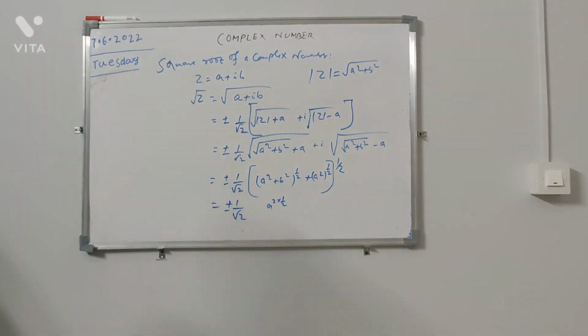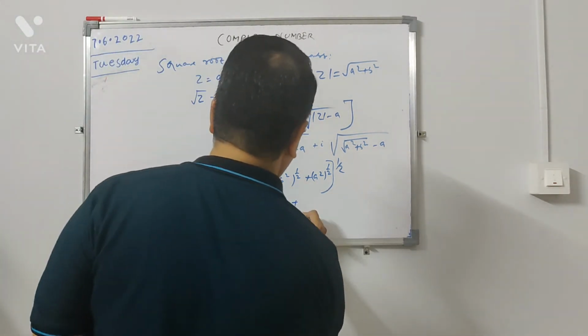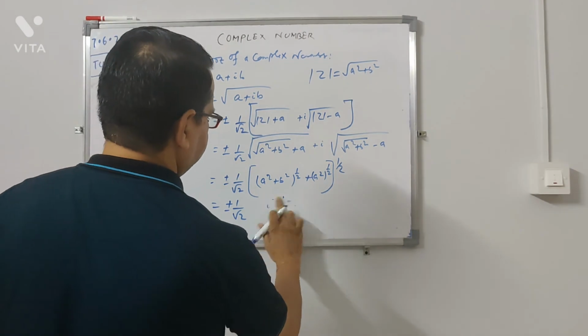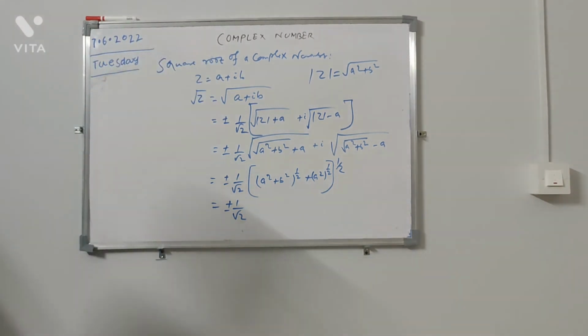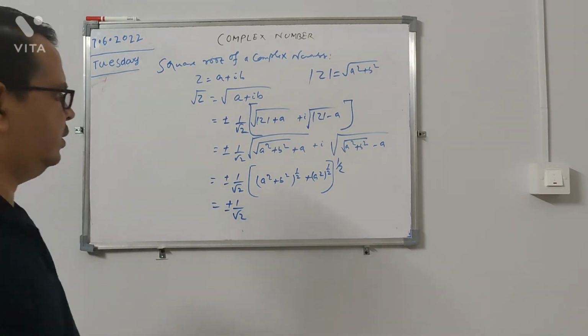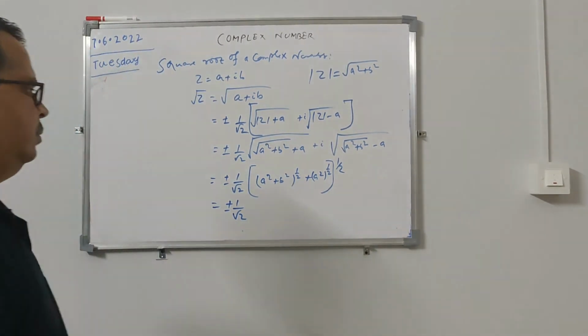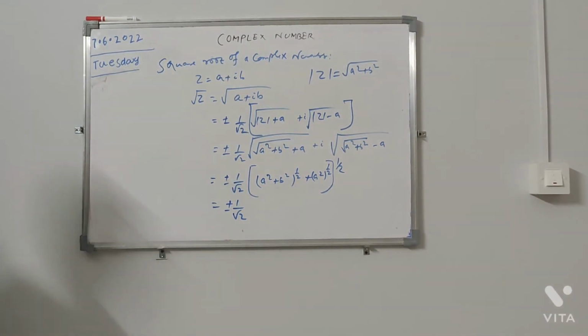No, no. A square plus b square, what do you want to do? So a square plus b square to the power half. So it's not that simple.